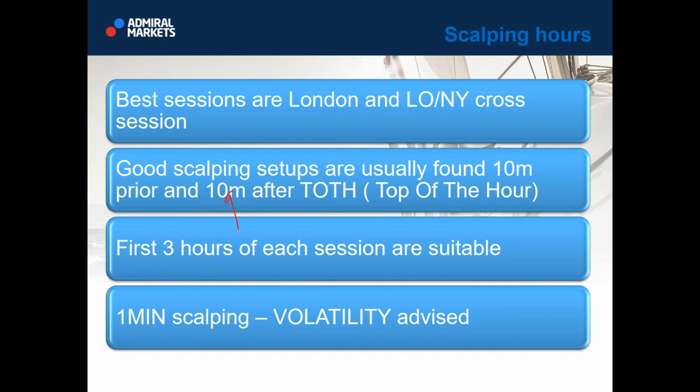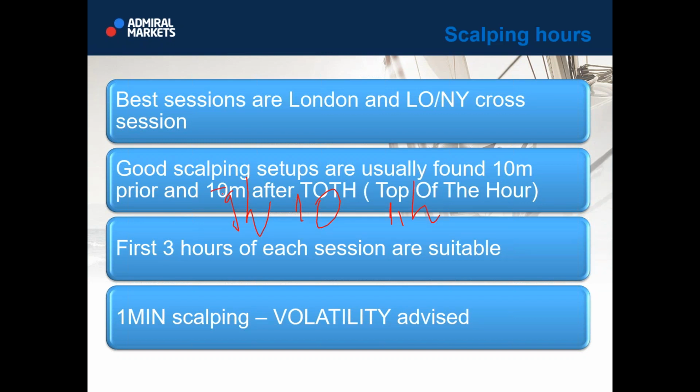So if London opens at 9 o'clock, it doesn't matter, you calculate in your own time zone, but just for example, the best scalping and trading hours are 9 o'clock, 10 o'clock, 11 o'clock.